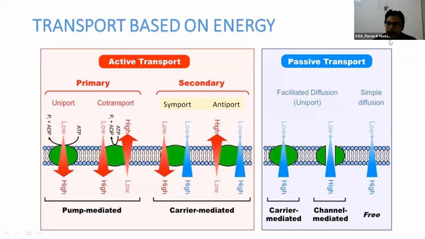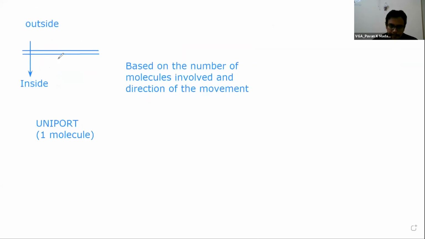And again we have facilitated diffusion and simple diffusion. Let me put it in some particular order so it will be very clear for you. Here we are clearly saying the molecules are moving from outside to inside, and we are calling it uniport.